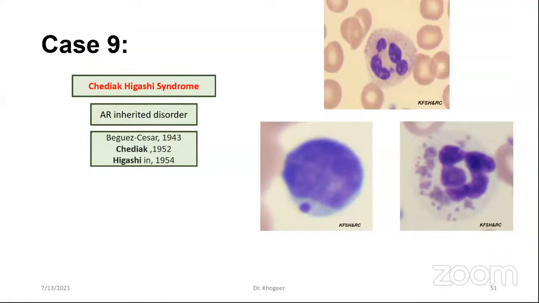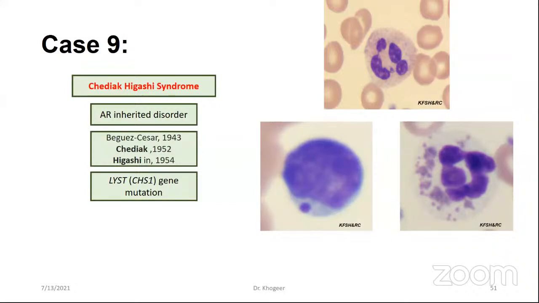This rare autosomal recessive disorder arises from a mutation of the lysosomal trafficking regulator protein, which is also called the CHS1, Chediak-Higashi syndrome 1 gene, which leads to a decrease in phagocytosis.